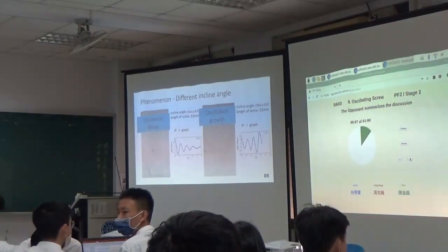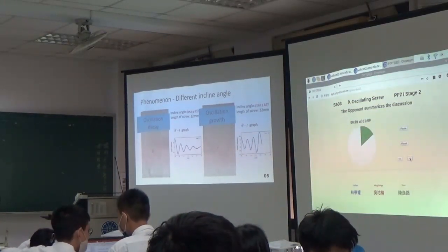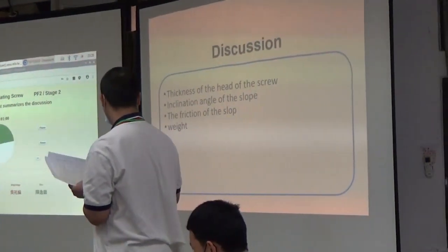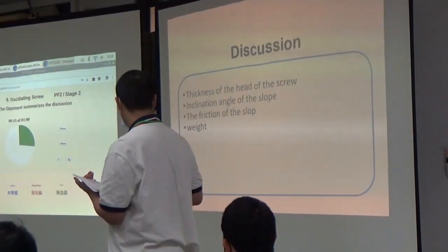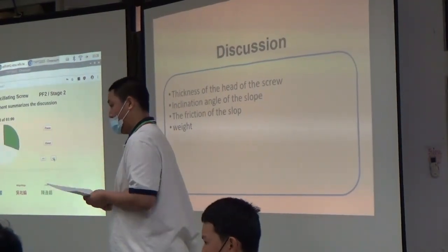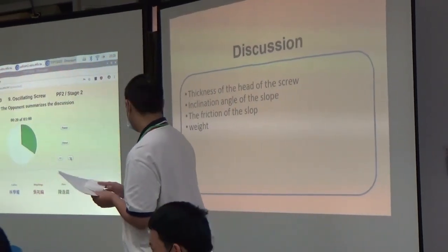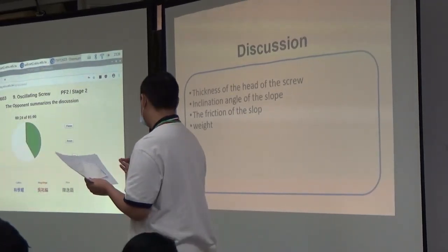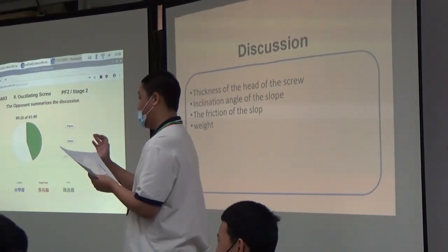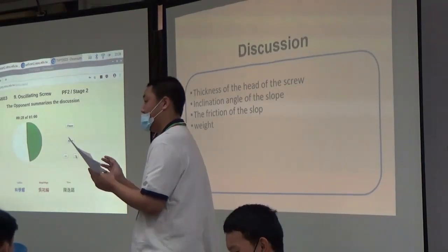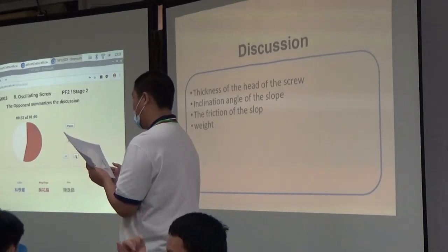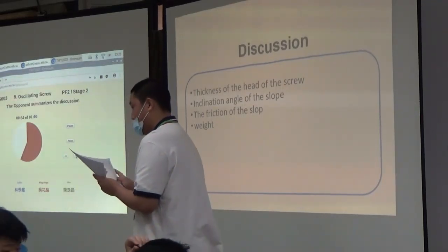Please summarize the discussion. In the discussion, we discussed how the thickness of the head of the screw could possibly interfere with the experiment, and how the angle and the friction of the slope matter. We also had an in-depth discussion about the experimental setup of the recorder.